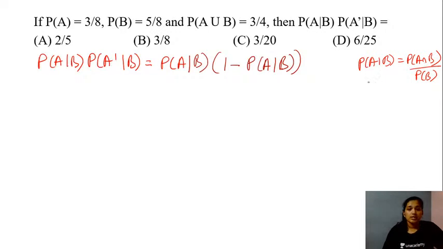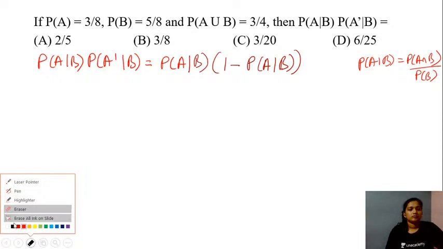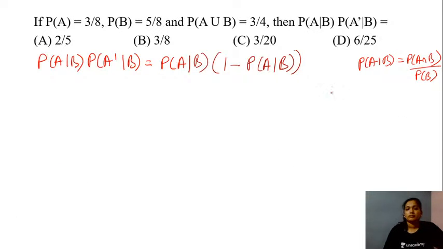No. So first let's get the value for probability of your event A and B, which will be nothing but probability of your event A plus the probability of B minus the probability of A or B here, right?